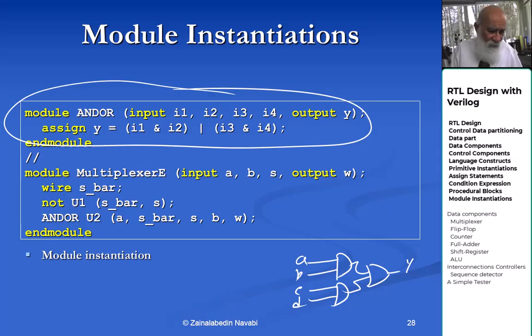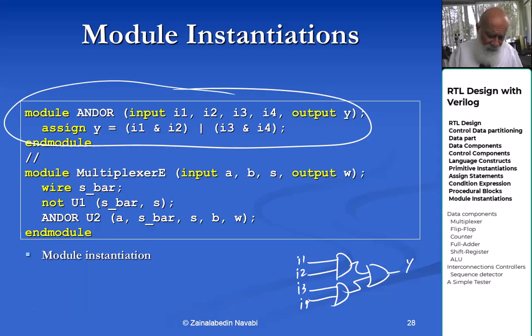Okay, well, first of all, let's look at the AND-OR circuit. The AND-OR circuit is Y equals I1 and I2 ORed with I3 and I4. So this is this circuit over here. This is I1, I2, I3, I4. This is this circuit right on top, and I want to build a multiplexer out of that. How do I build a multiplexer?